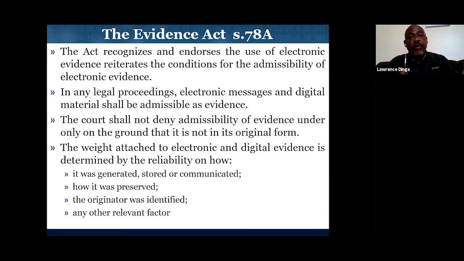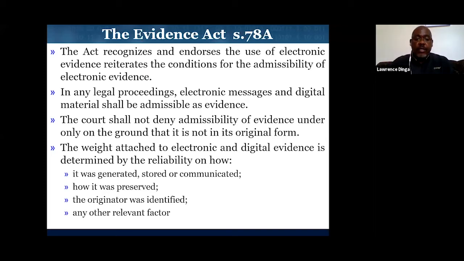You have to follow the digital forensics process to extract that data and report it in a way that is going to be admissible in court. And if that procedure is not followed, then that digital evidence will not be acceptable.